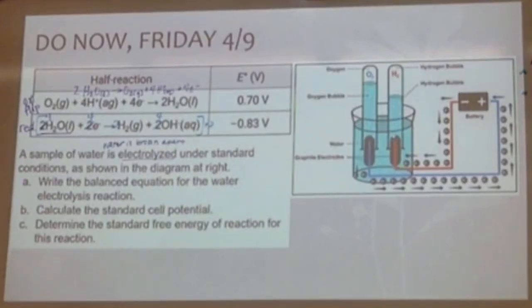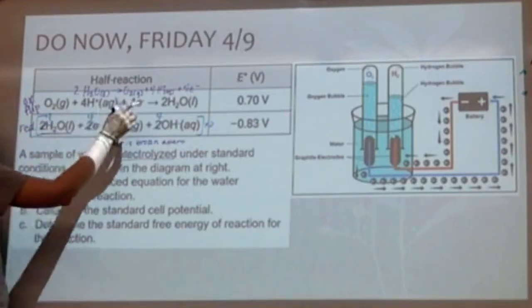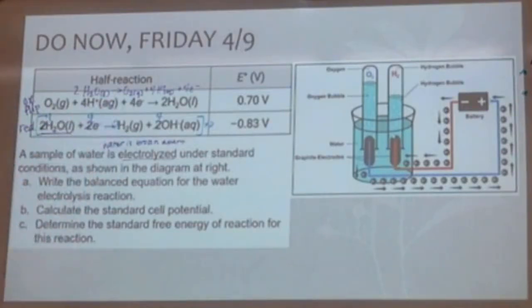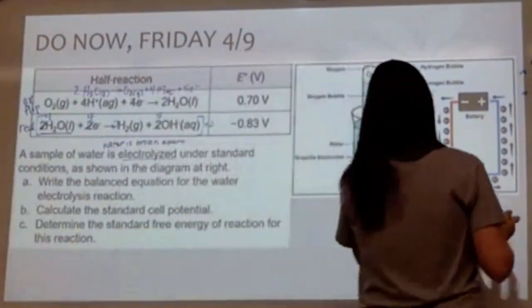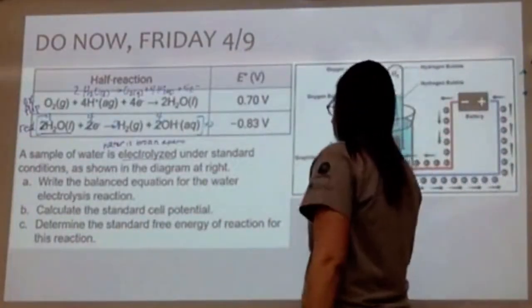What you could have done as well is multiply the top half reaction by 1/2 to make them equal to 2 electrons. Either one works. So now I have 4 electrons on each side. I'm going to rewrite the equation down here so we can do some canceling.